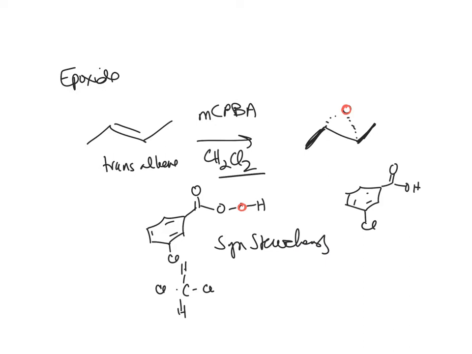Okay, so that's how you make epoxides, and that's how you make ethers. Now, I'm going to do the POGIL activities to talk about the different reactions that these epoxides and ethers undergo.